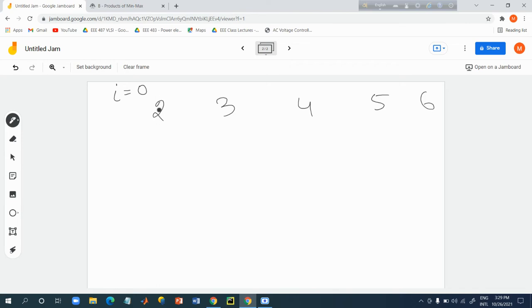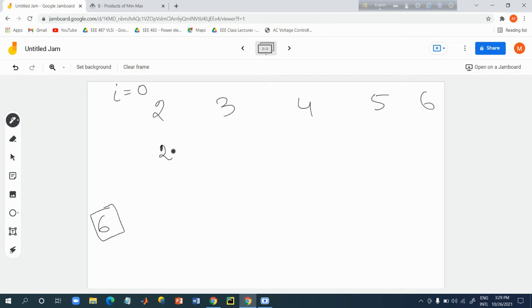The first element remains itself, so we will have a 2. Then when we go to the second element, what we will write here is 3 multiplied by 2, so what we will get in the answer is 6.